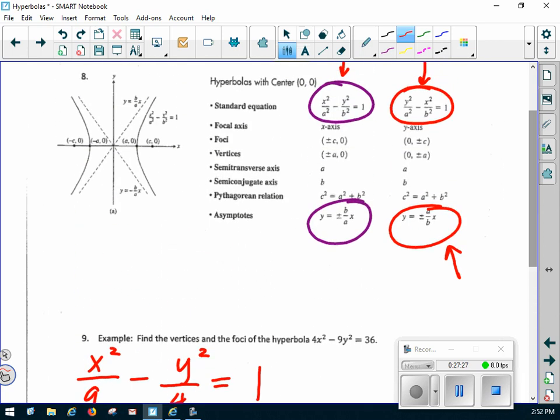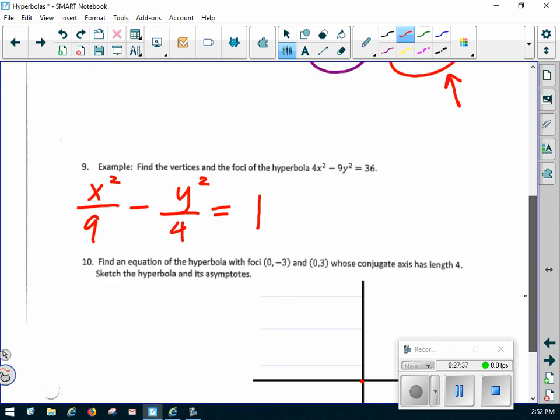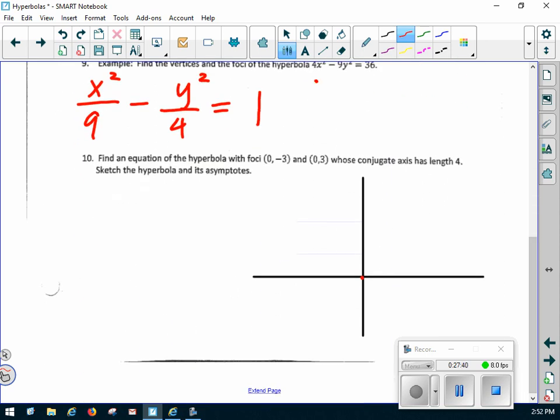Look back up here. A is always first. B is always second. So A is 3. B is 2.